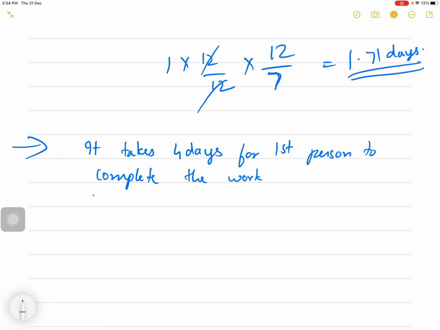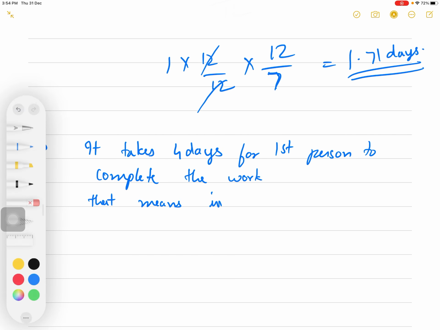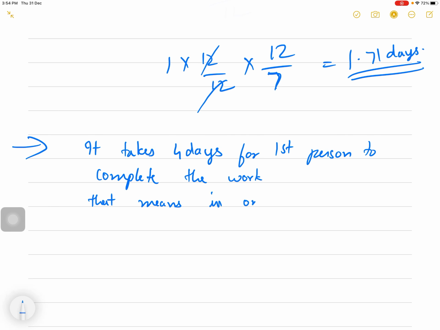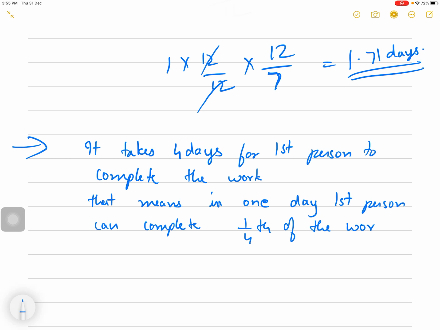That means in one day first person can complete 1/4 of the work.